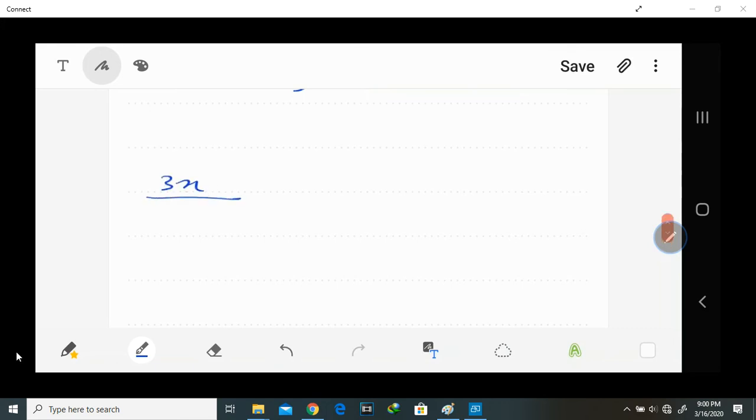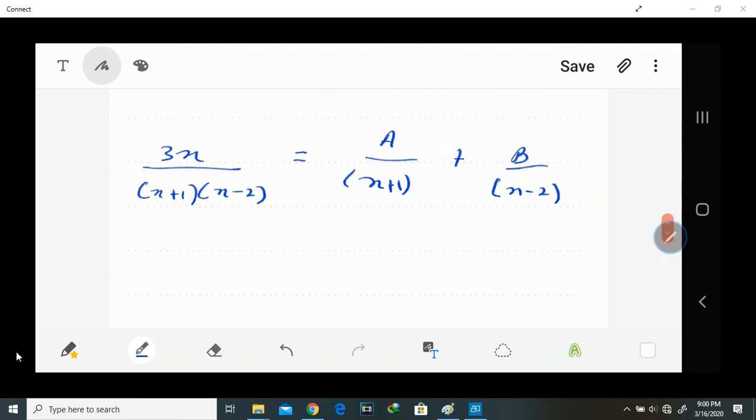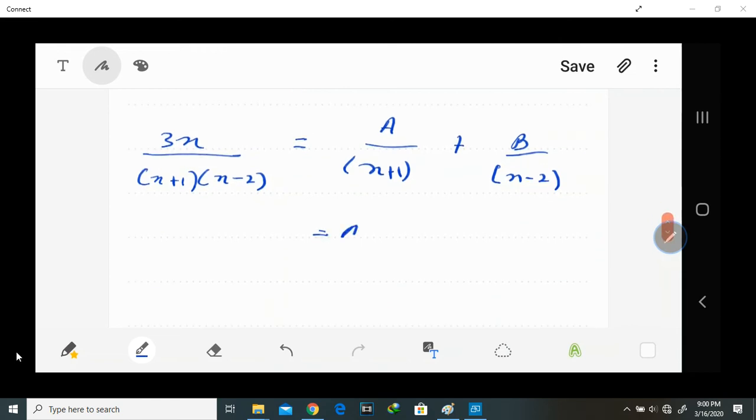3x over x plus 1 times x minus 2. Like I always told you, you write the denominator factors separately like this. Here too you write A and B, you know the reason why. So when you take x plus 1 and x minus 2 as the common denominator, you get these.